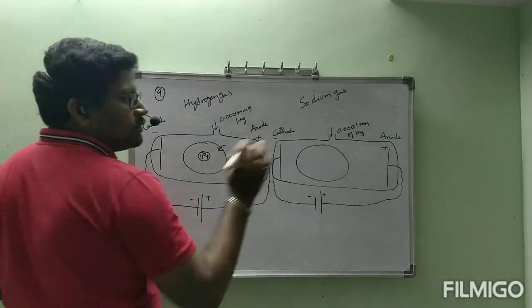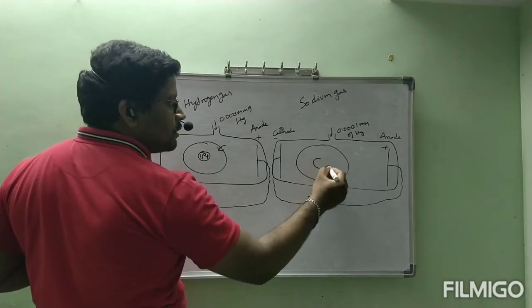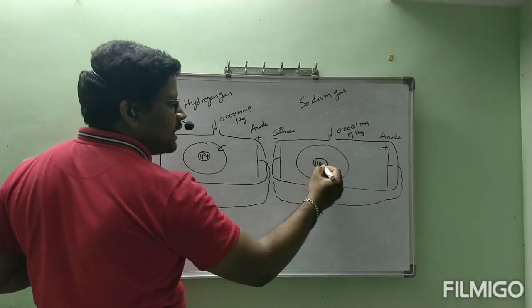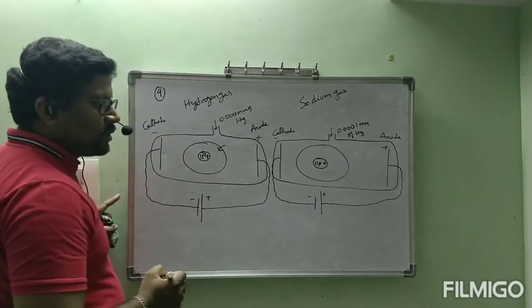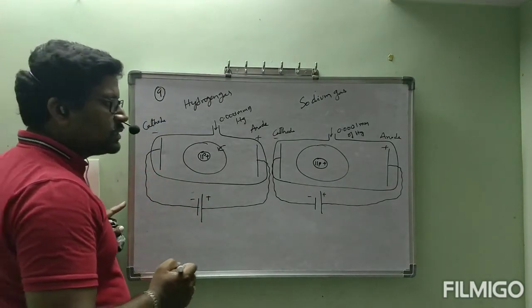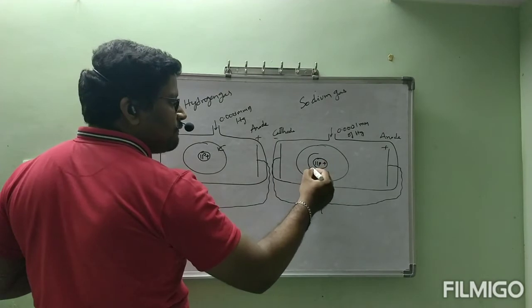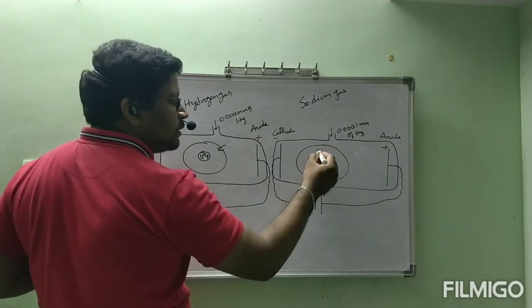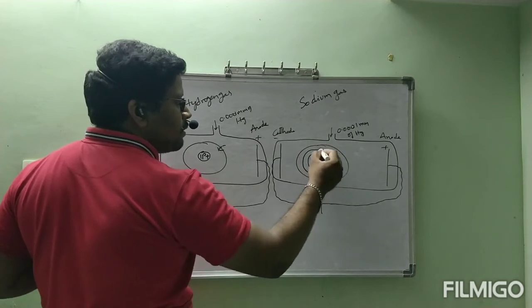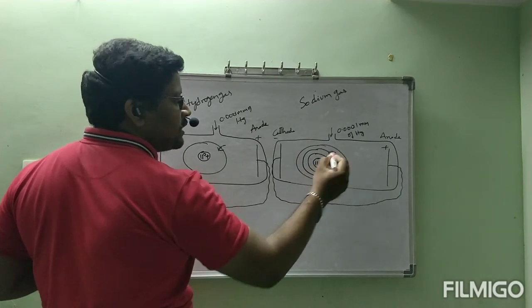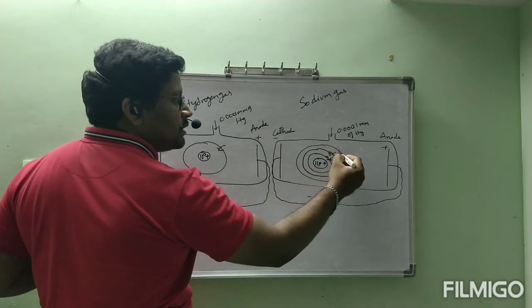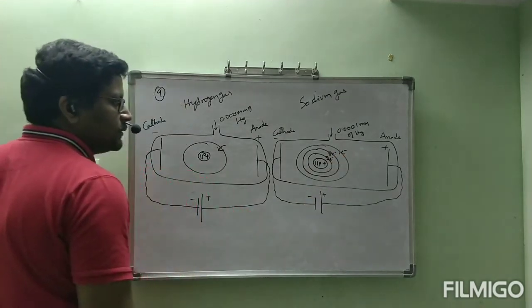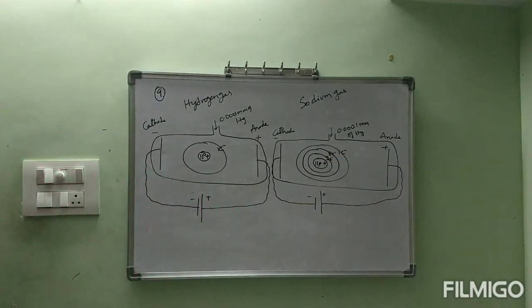Now coming to sodium, this positive charge contains 11 protons. The first orbit has 2 electrons, the second orbit has 8 electrons, and the third orbit has 1 electron. Observe the structure of the hydrogen atom and the sodium atom.